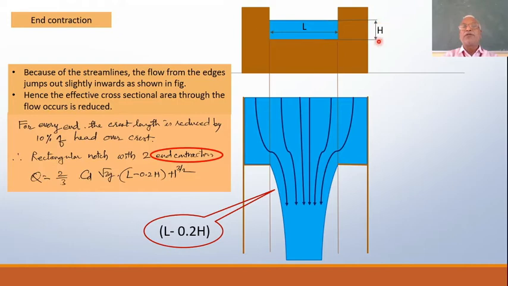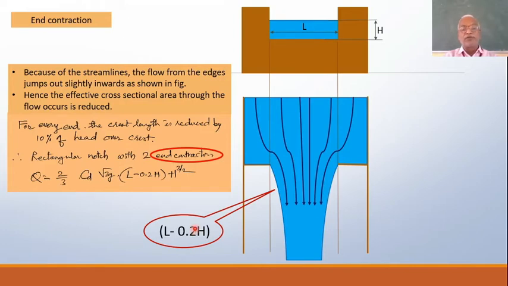Head over the crest is H. For one, you have to reduce it by 10%, meaning 0.1 H. We have in a rectangular notch two end contractions, one here, one there. Because of that, the effective width is reduced by 0.2 times H, 10% for every end contraction.